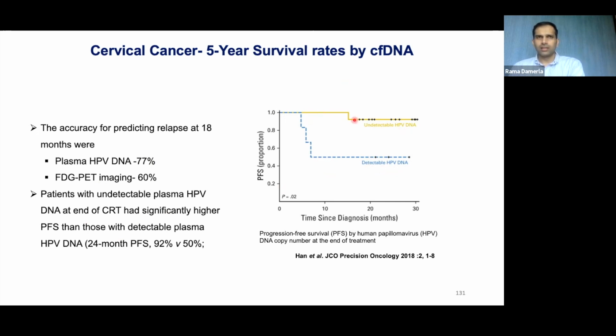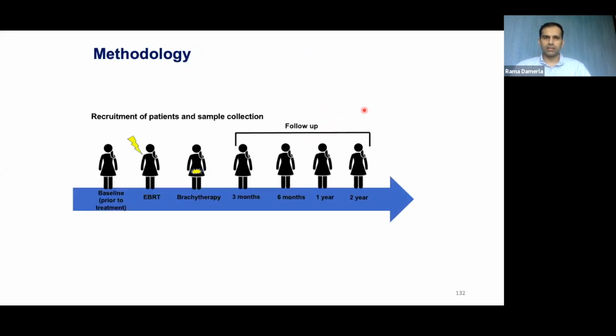So there is scope for using liquid biopsy tests during treatment and after treatment for detection of cervical cancer, and to see how these patients respond to therapy and if additional therapy has to be given.